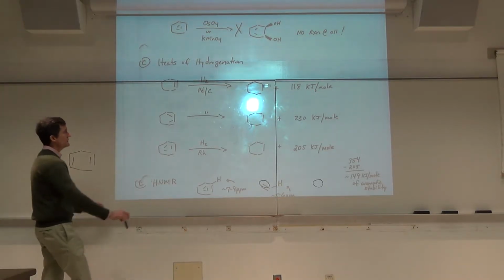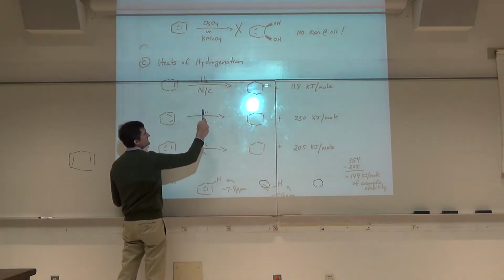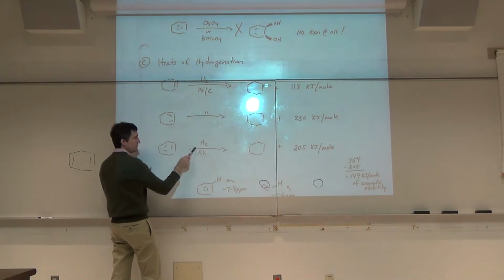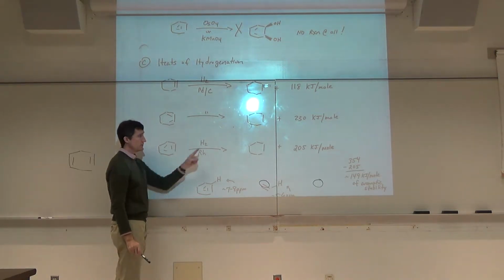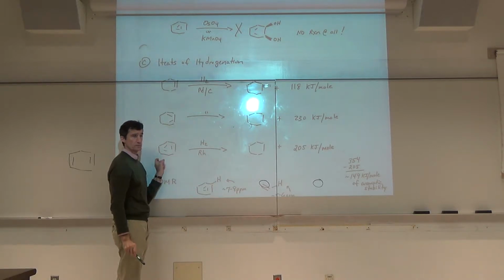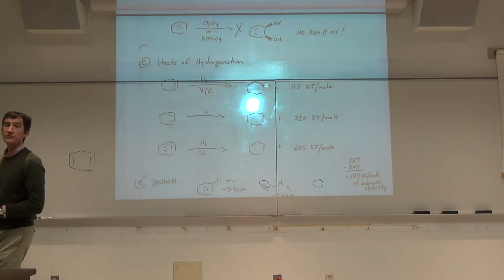One other thing that we can mention here is that alkenes can be hydrogenated with just plain old palladium on carbon. To hydrogenate benzene is actually more difficult. Even though it's exothermic, it's more difficult. You usually have to use a more active catalyst, like rhodium or ruthenium.